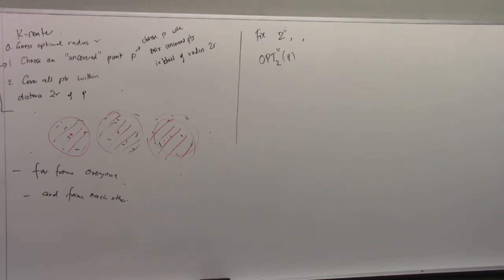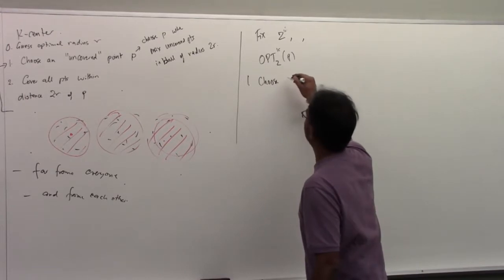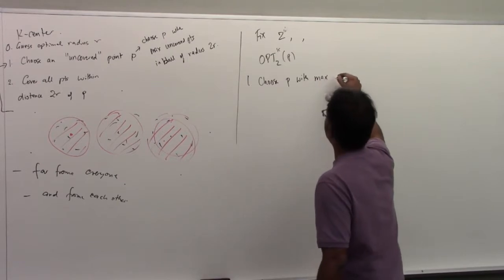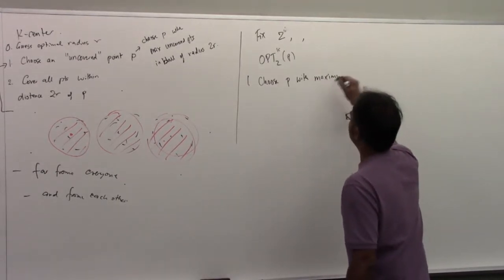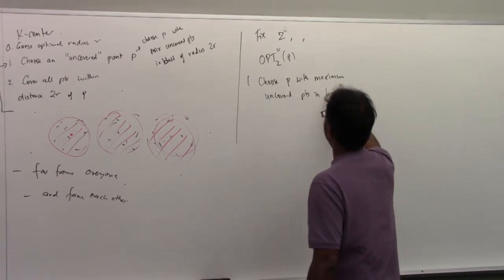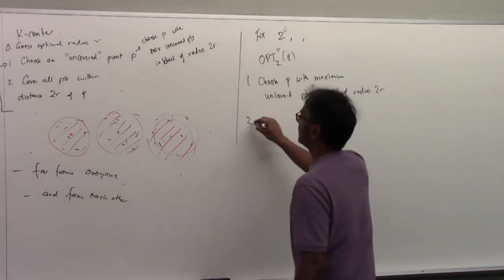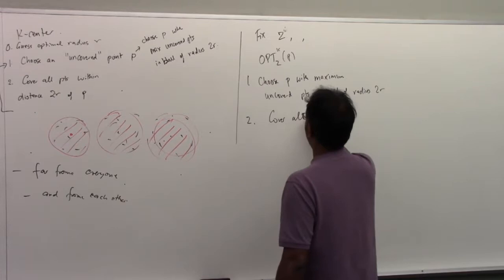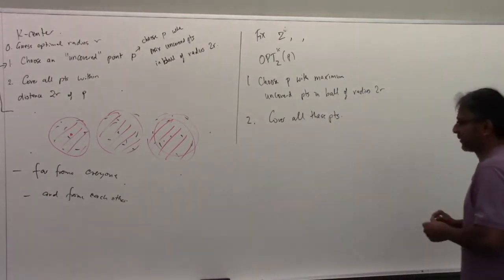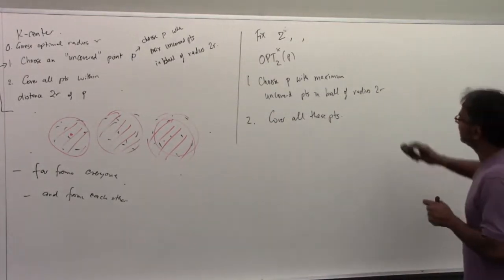My algorithm will look like this. Choose the point with the maximum uncovered points in the ball of radius 2R. Cover all these points. And you're like, wait a second, you just wrote that algorithm out. It's the same thing as before. So I lied, actually, this is not the same algorithm. I'm just going to make one change.